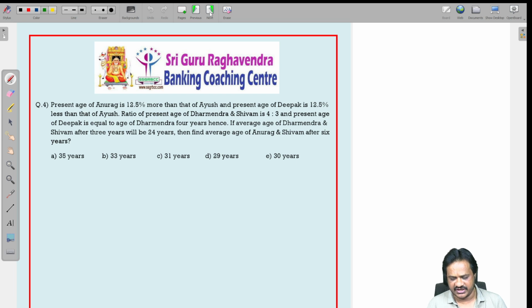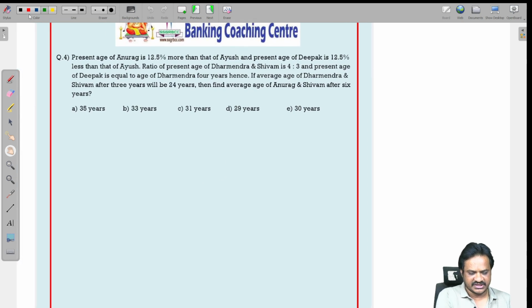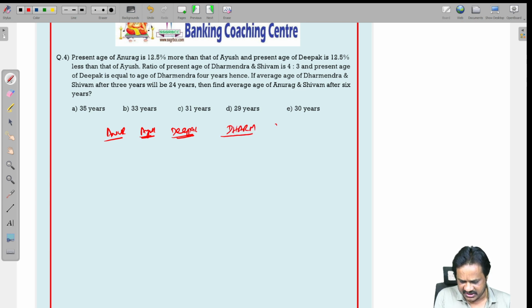If the average age of Dharmendra and Shivam after 3 years will be 24 years, find the average age of Anurag and Shivam after 6 years. Okay. We are having 4 persons: Anurag, Ayush, Deepak, and then one more set, that is Dharmendra and Shivam.